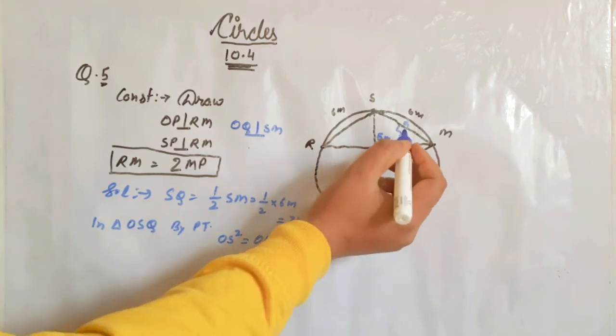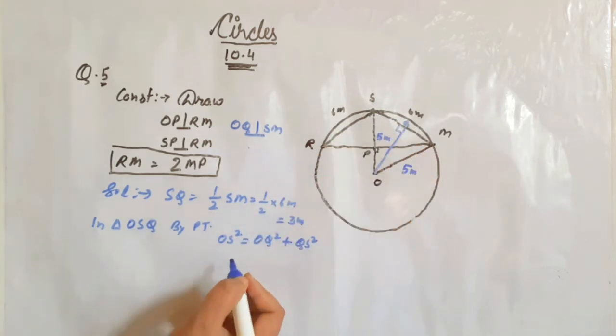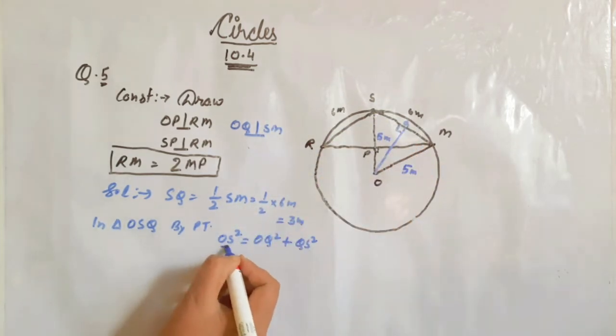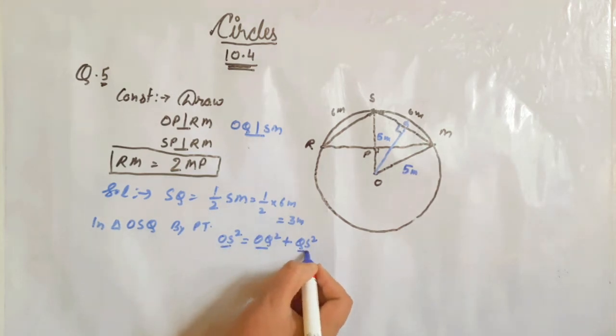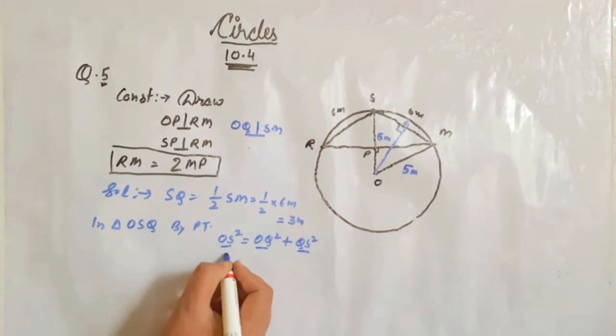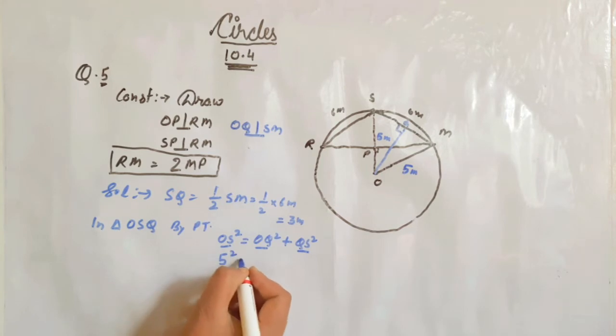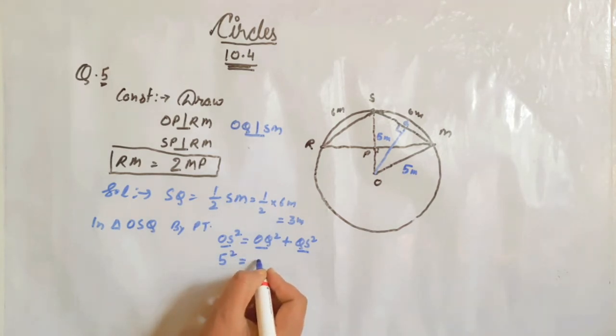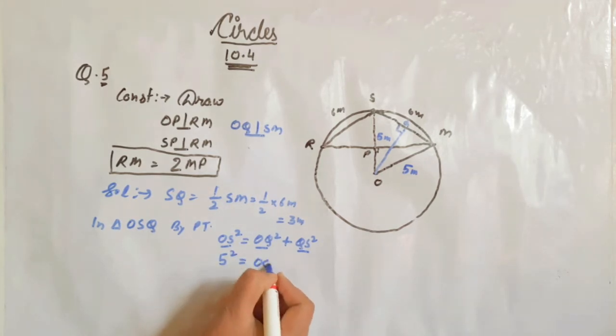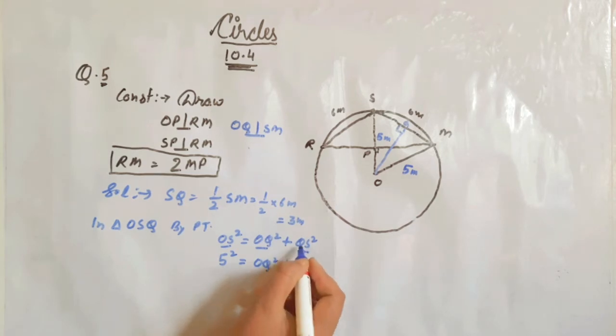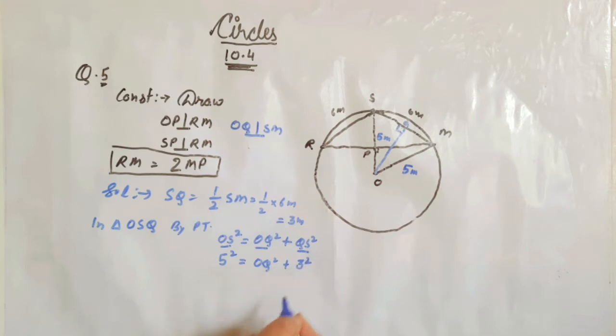OS is the hypotenuse, OQ is perpendicular and QS is base. So H square equals P square plus B square. This gives 5 square equals OQ square plus 3 square.